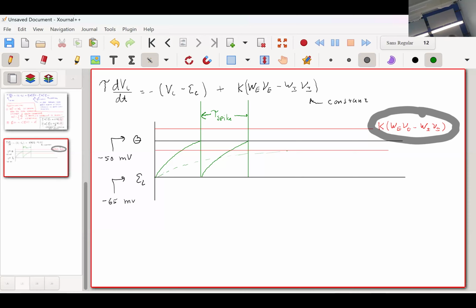So we're going to solve this differential equation. I did it last time. And if I remember correctly, I just wrote down the solution, which you should verify.